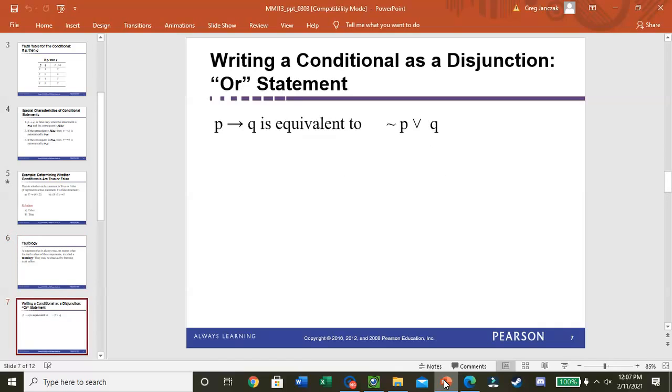So, write a conditional as a disjunction, an or statement. What we're saying here is, if P then Q, we want to see if P then Q is equivalent to not P or Q. We want to see if those are equivalent statements. I'm going to write this down here first so I don't have to go back and forth.